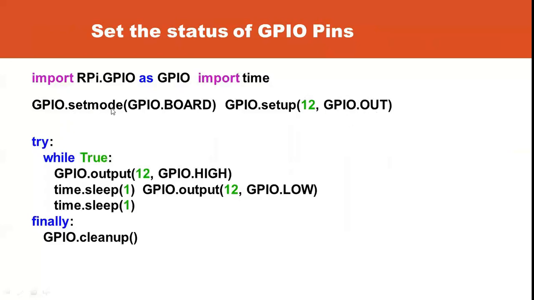So in the first command, it will get the board configuration so that it will get to know how many ports are there and all. Then setup will give the pin number, followed by the mode. Here pin number 12 will act as an output.